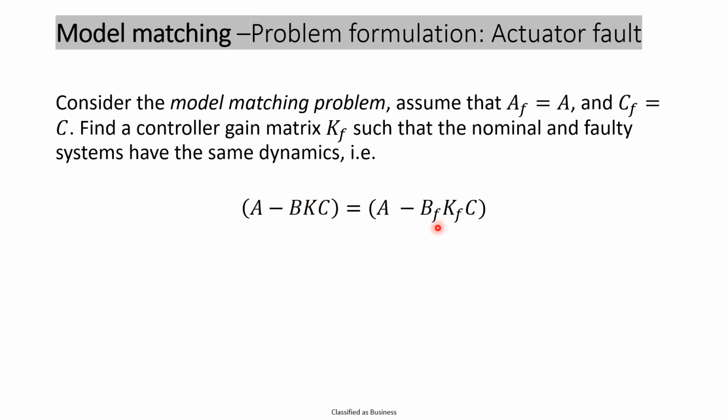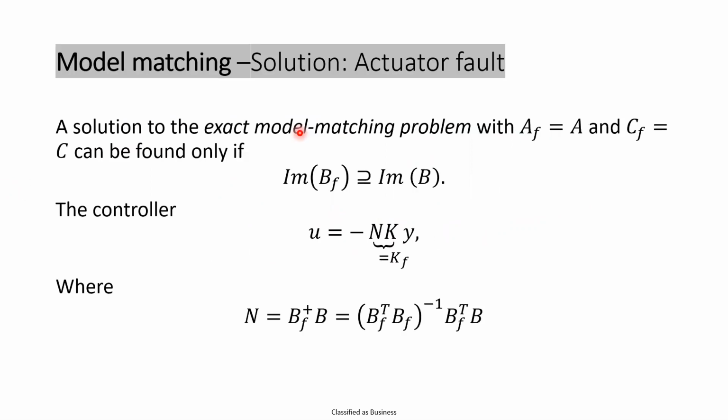Therefore, KF would be the pseudo inverse of BF multiplied by BK. So KF is N multiplied by K, but N is the pseudo inverse of BF multiplied by B. Therefore, KF is the pseudo inverse of BF multiplied by B multiplied by K.